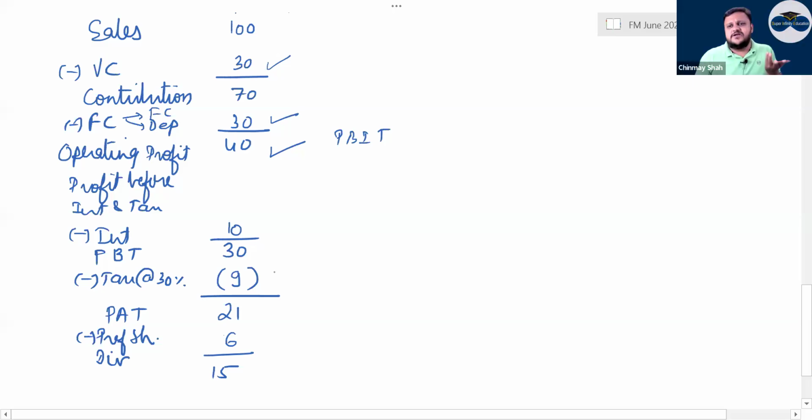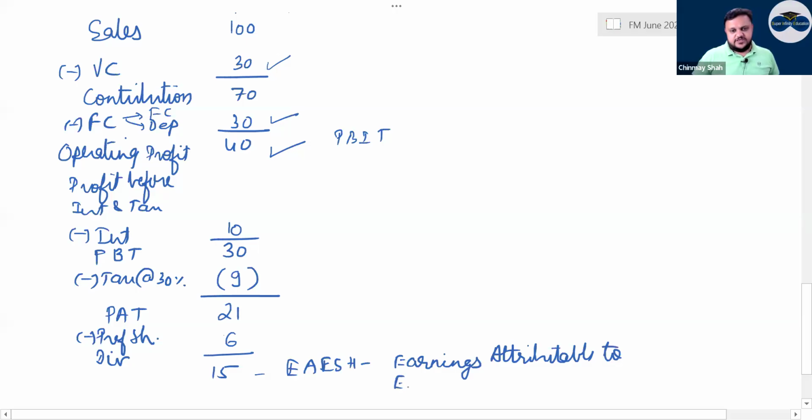Who are the owners? Equity shareholders. So this 15 is called EAESH: earnings attributable to equity shareholders.